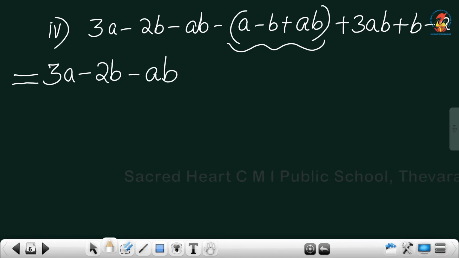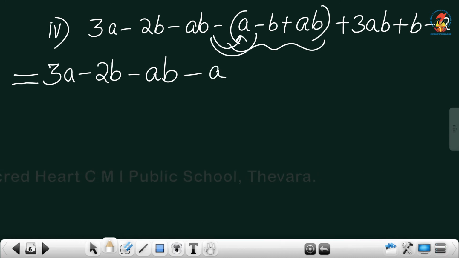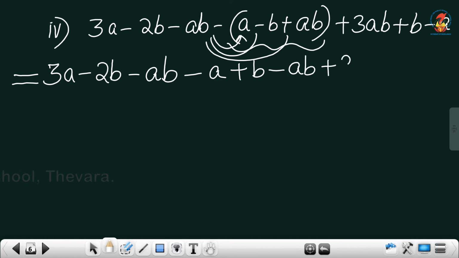Minus ab, and minus into plus, what is the answer? Minus a. Again minus into minus, what is the answer? Plus b. Again minus into plus, what is the answer? Minus ab. Remaining term 3ab plus b minus a.